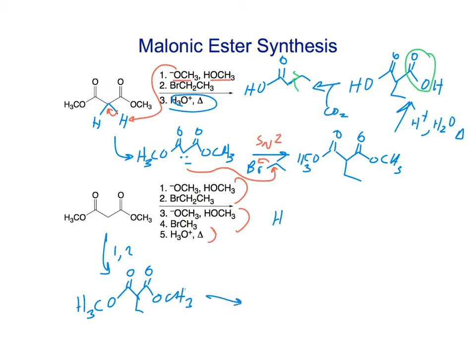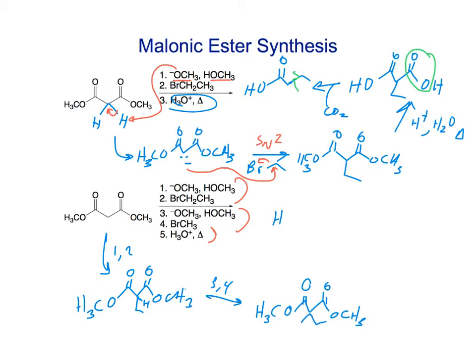Then we're going to do steps 3 and 4. We just deprotonate. We're going to take off this proton in the middle. There's still one left there. And then we're going to add a methyl group. Okay, so we have a methyl and an ethyl at that center position now.